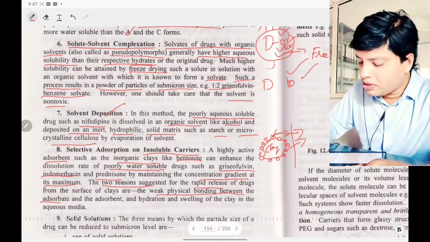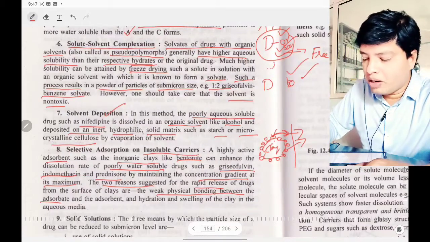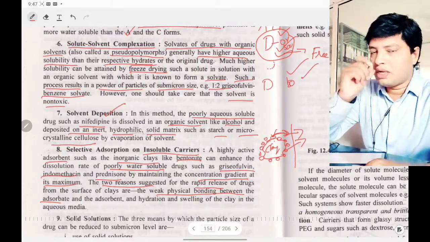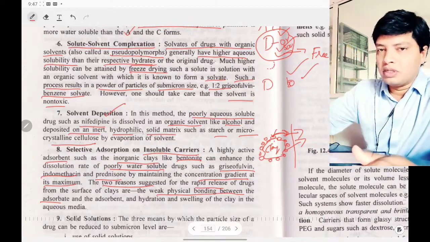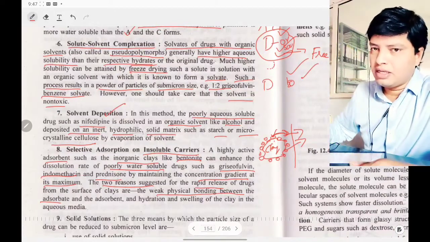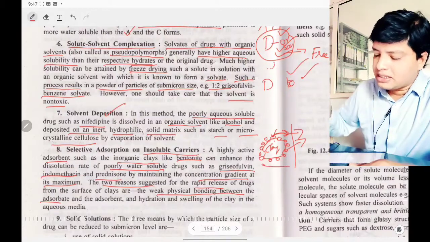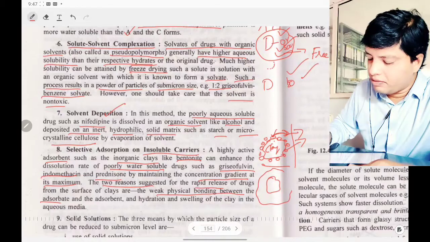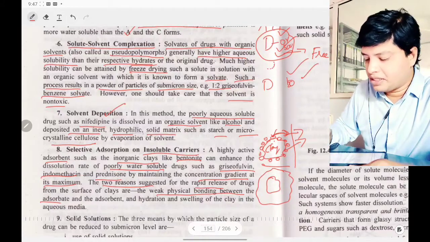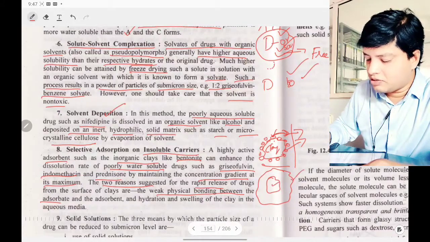So for coming to the solution form, because there is a weak bond and also you have adsorbed the molecular level of your griseofulvin, it has more solubility. That is the one theory behind this. The second theory is, your bentonite starts swelling when it comes in contact with water. See here, from this stage to this stage.